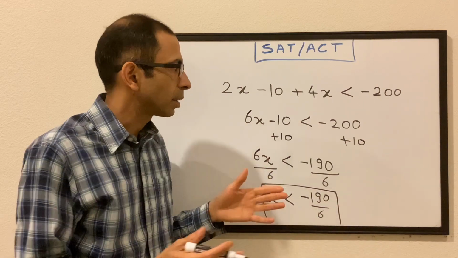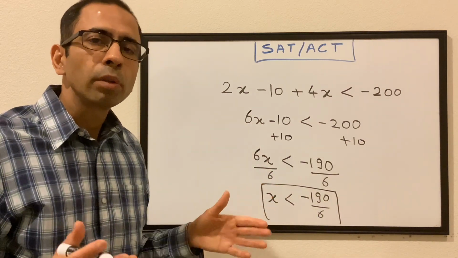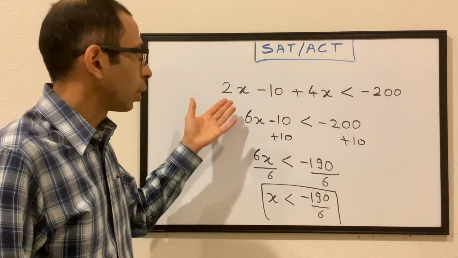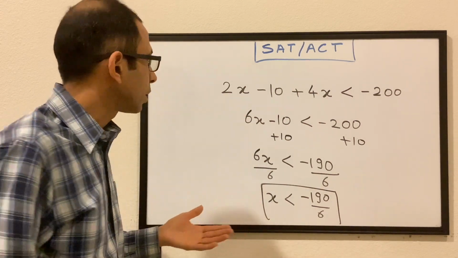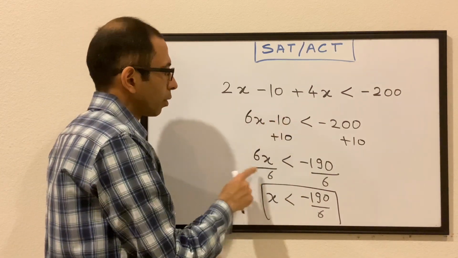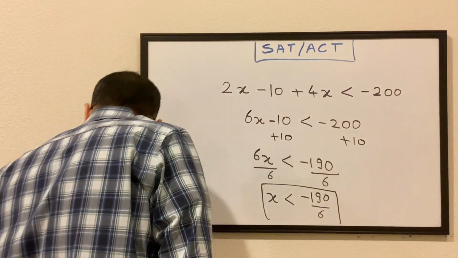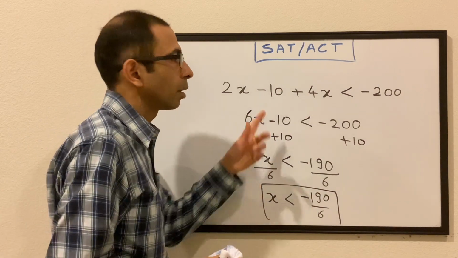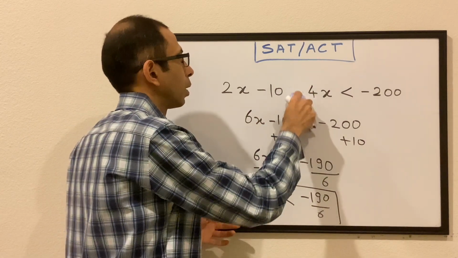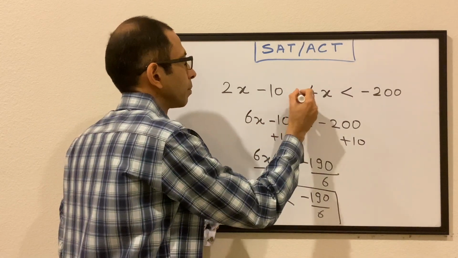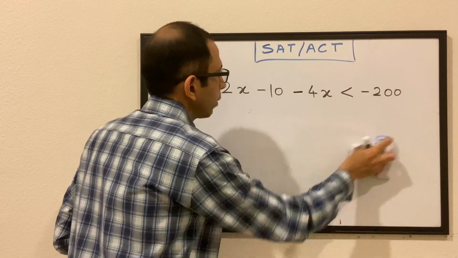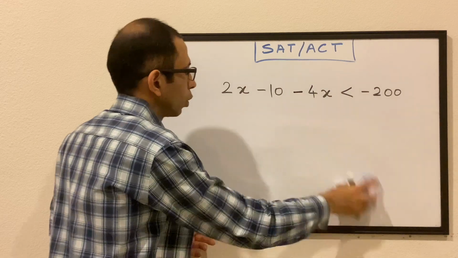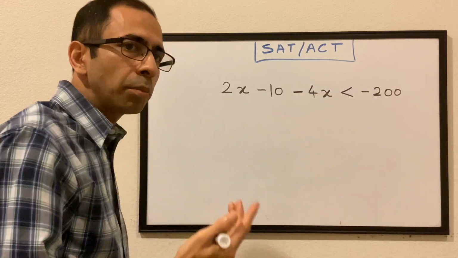So as simple as anything can be, the same thing we would do in solving an equation is what we are doing here. The only catch in a linear inequality is this: instead of the plus 4x, if we had minus 4x, how would it look? Again, the same thing.